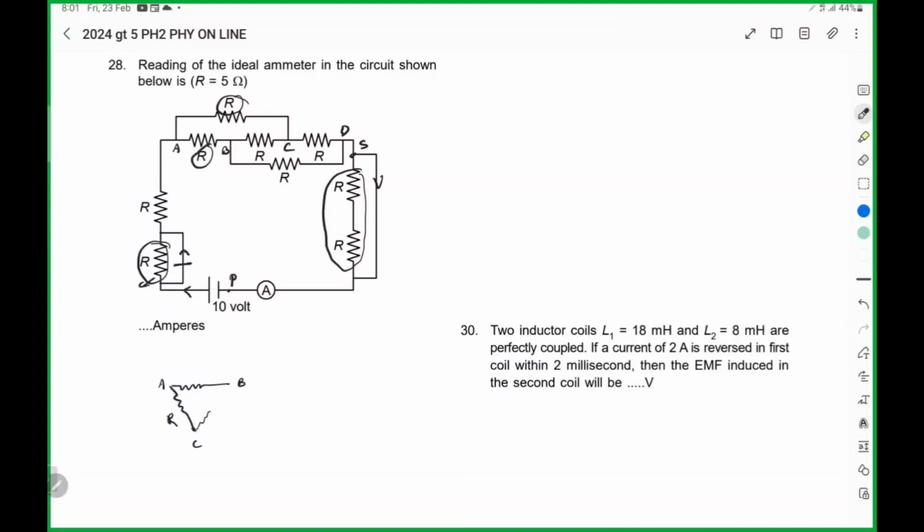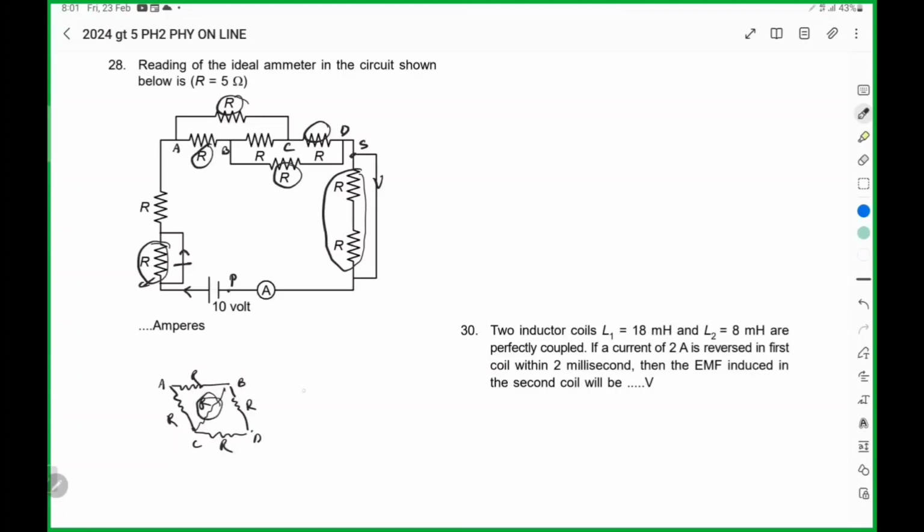Between B and C, you have another resistance. Between C and D, there is resistance R. Between B and D, you have a resistance. Between C and D also, you have a resistance. So here it is, Wheatstone bridge balances.